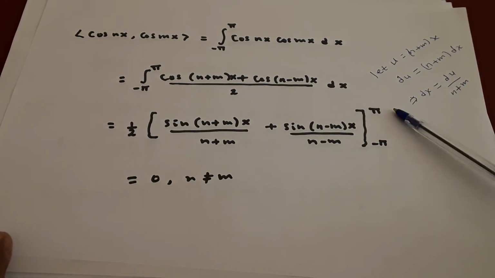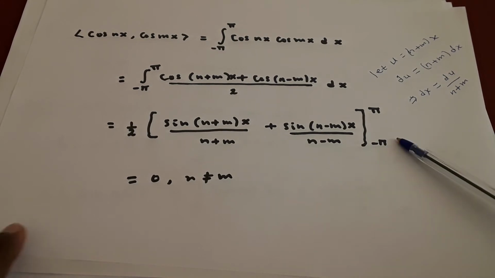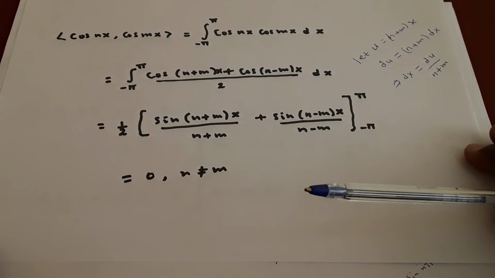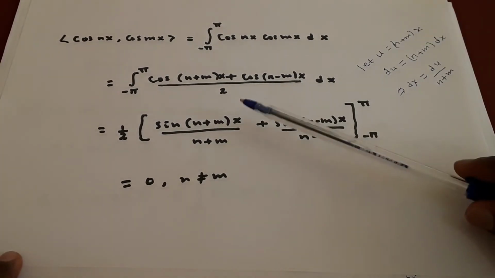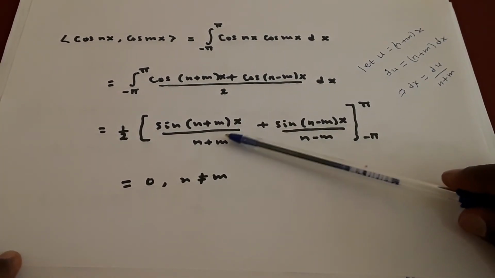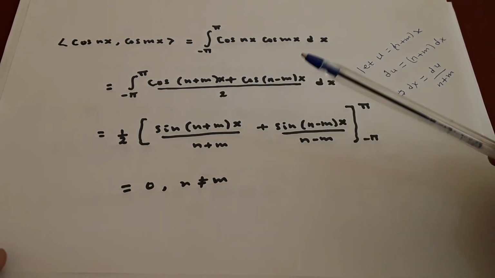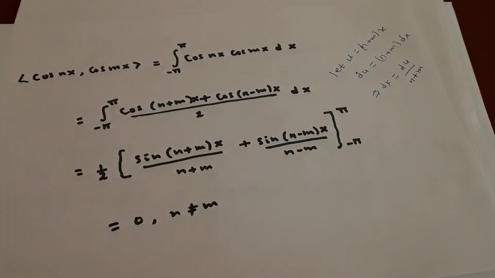assignment at x equals pi, and again at x equals minus pi. Clearly, since n and m are integers, sine of n pi is 0, as we said.